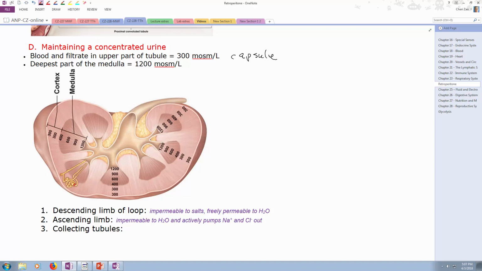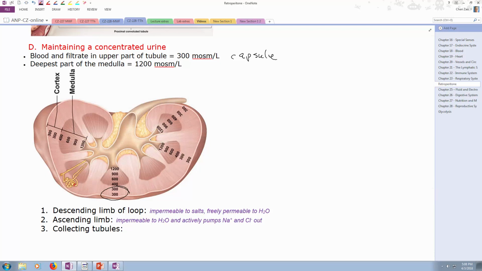And the reason you soak them is that you had to pull out a lot of concentrated material that's in the medullary area, and more specifically the medullary pyramids. The osmolarity of our blood and our filtrate is 300 milliosmoles at the beginning of things. So take a look here at what the concentration gradient is in the cortex, 300 milliosmoles.